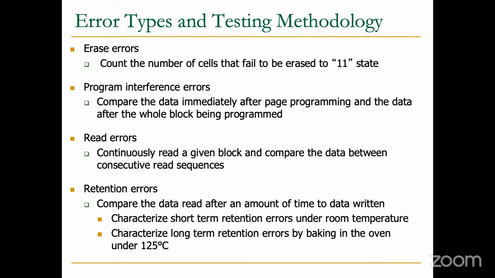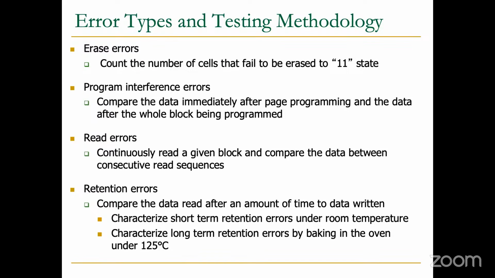And for retention errors, we compare the data read after an amount of time to the data written. We characterize short-term retention errors, and we also want to characterize long-term retention errors, like 3 years, 5 years. But we are not going to wait for 3 years in order to do this experiment. So there are some models where, by increasing the temperature of your device, you can model the effect of retention error.